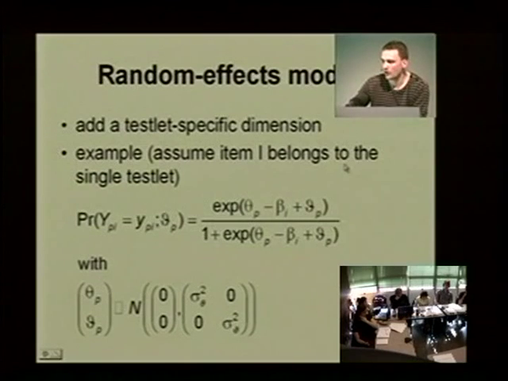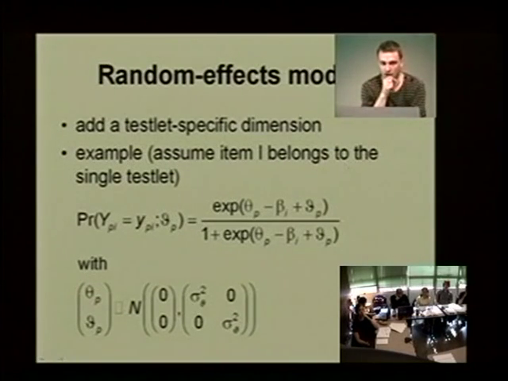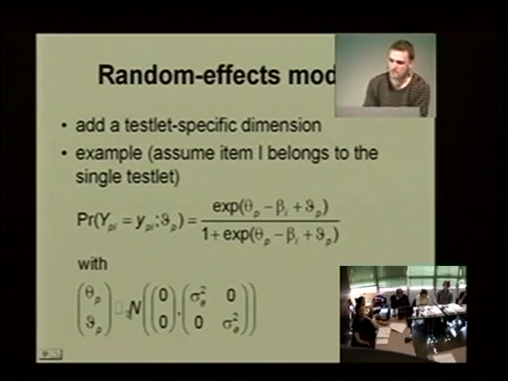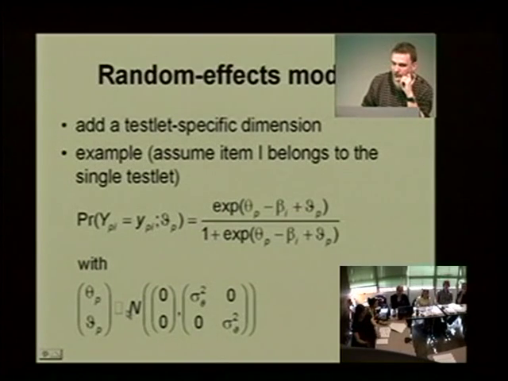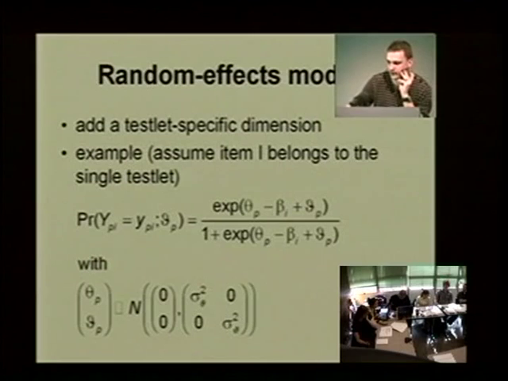So all items that are involved in the testlet get this round theta p in their probability formula. And so you have now actually a two-dimensional model, and it is assumed that the two latent traits follow a bivariate normal distribution.